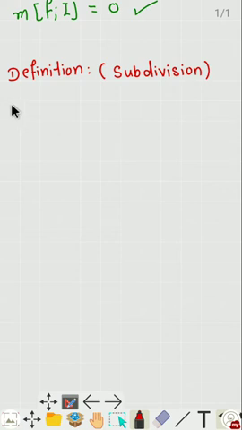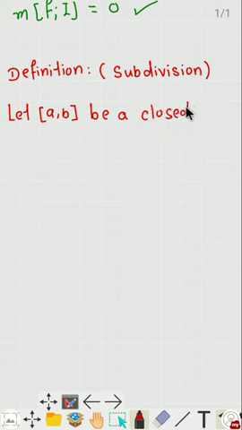So we write here, let closed interval a comma b be a closed interval of R. R means the set of real numbers.